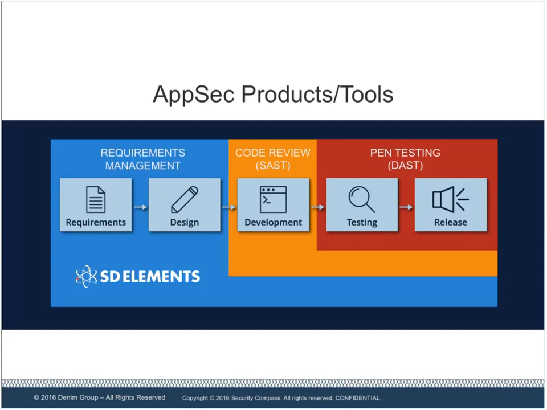And the security testing tools, or scanner tools as they're commonly referred to, they're very good at finding vulnerabilities at the later stages of the development process, and they're very important to use. DAST tools at the testing and release phase, and code review tools, SAST tools, start being used at the development phase.